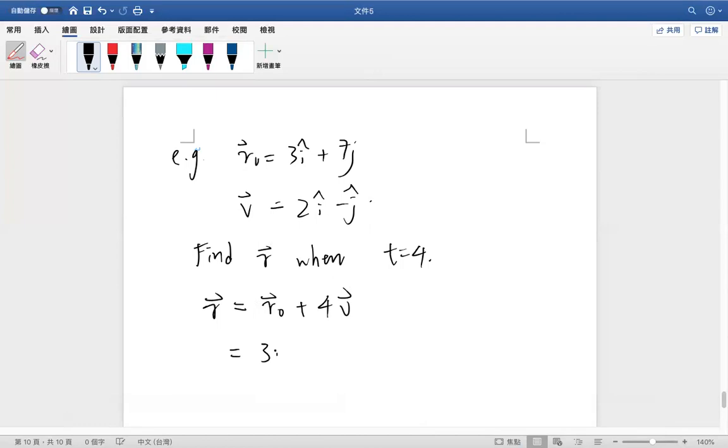So R0 is 3i plus 7j, and 4v is 8i minus 4j, which is simply 11i plus 3j. So this is the position vector. Now this is actually the position relative to the origin.